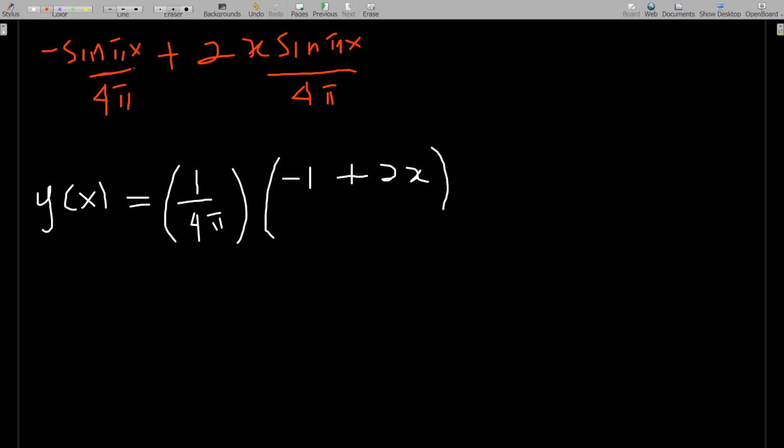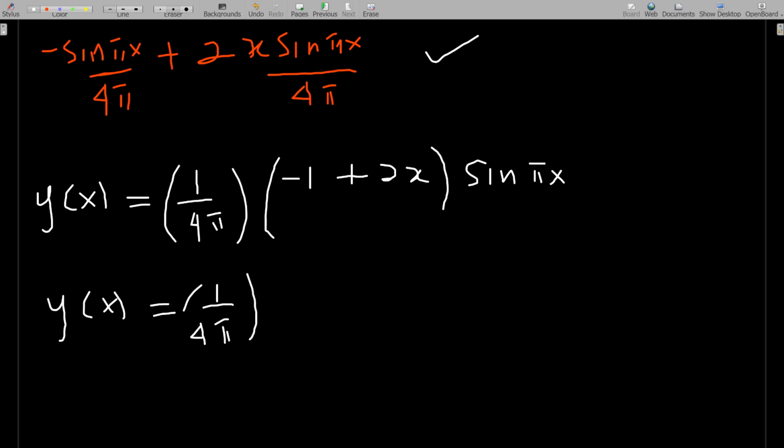This is what we're supposed to get. So this means that yes, this is right, and we'll get sine of pi x here. If I multiply through this, I'll get this back. So y of x is now simply equal to 1 over 4 pi times 2x minus 1 times sine of pi x.